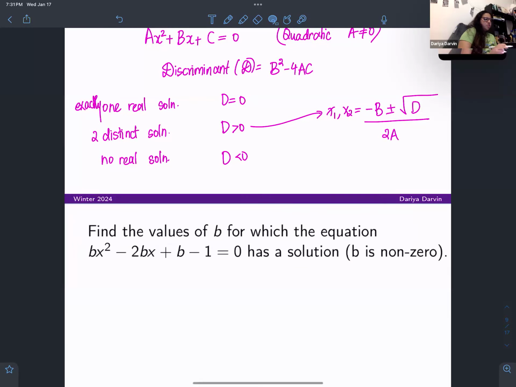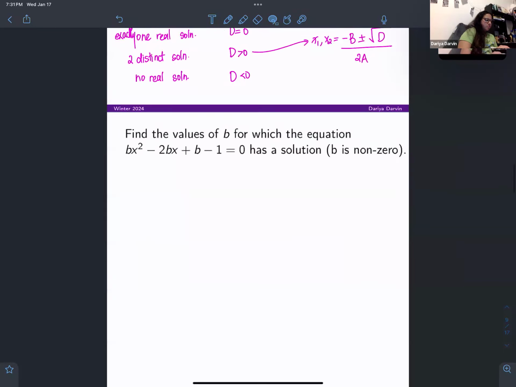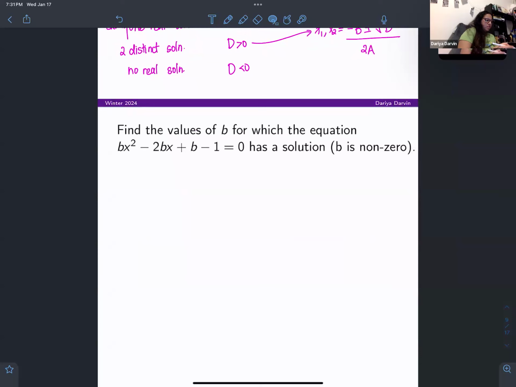Let's do an example to see if you actually understand this. Okay. So this is one type of question you can get from quadratic. They'll give you an equation, ask you to find the values for b for which this has some solution or something.